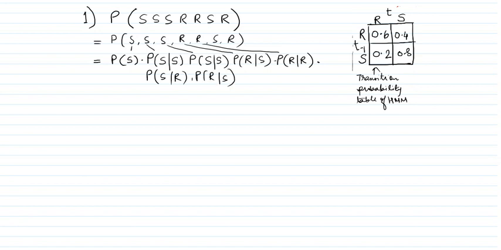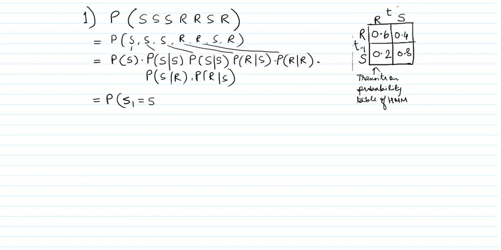So I may expand it in full form. Instead of S T I may write S1. So don't confuse this S1 and S. S is sunny and S1 is a state.